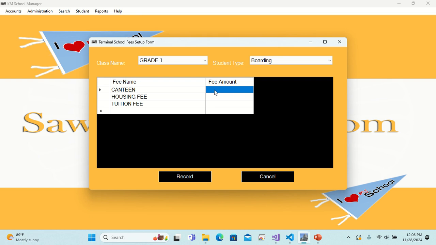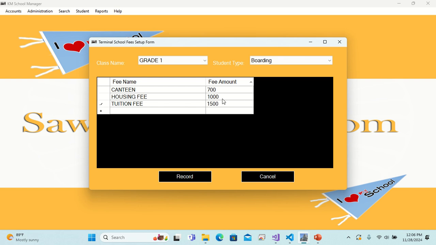So let me go to boarding and say, okay, feeding, which here we usually call canteen, let's say this is going to take about 700 cedis. Housing, let's say they are charging us 1000. Then tuition, say they are charging us 1500.